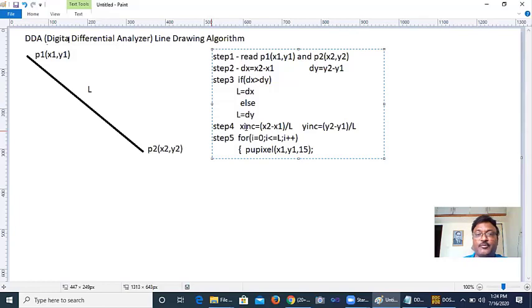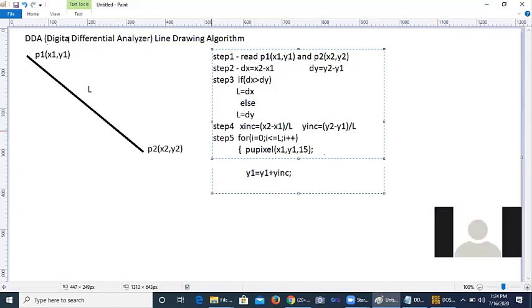So what is the next step? Once you have put the pixel, you again add the value to x1. So x1 is equal to x1 plus x increment, and y1 is equal to y1 plus y increment.